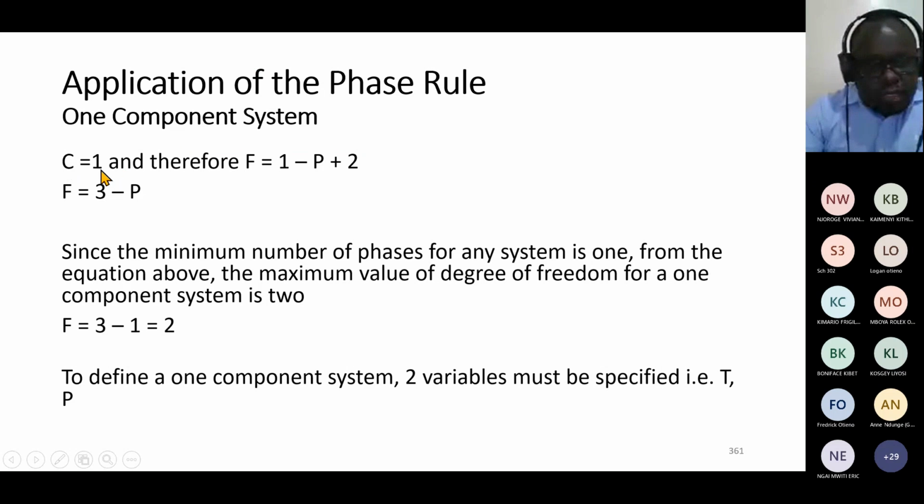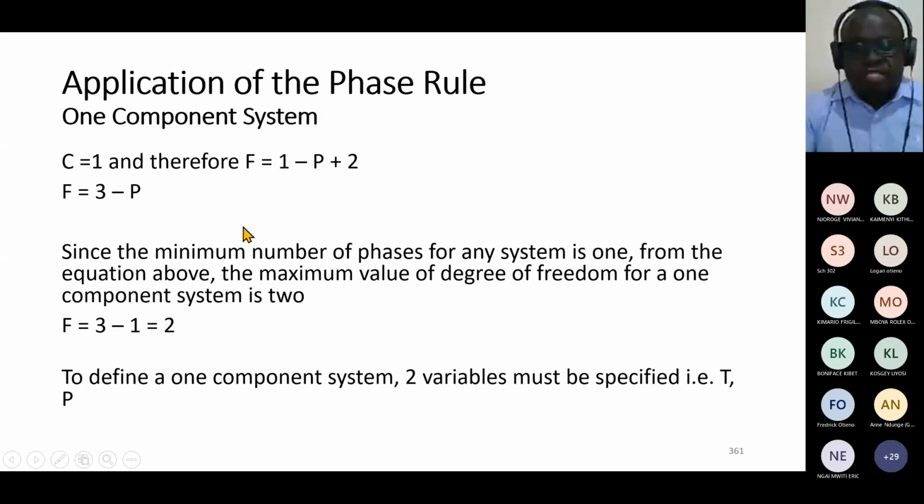where C equals 1, so therefore, from the first rule, the degrees of freedom equals 1 minus P plus 2. So that is the degree of freedom equals 3 minus P. So the minimum number of phases of any system is 1.